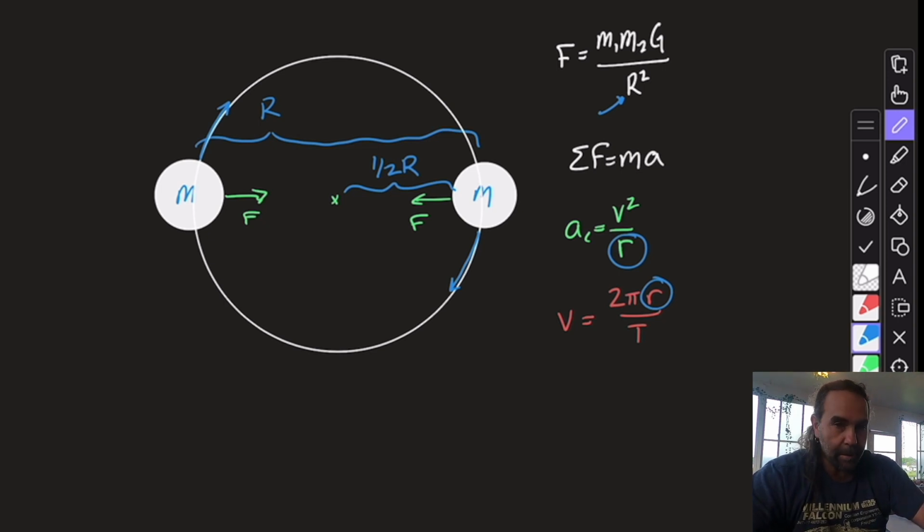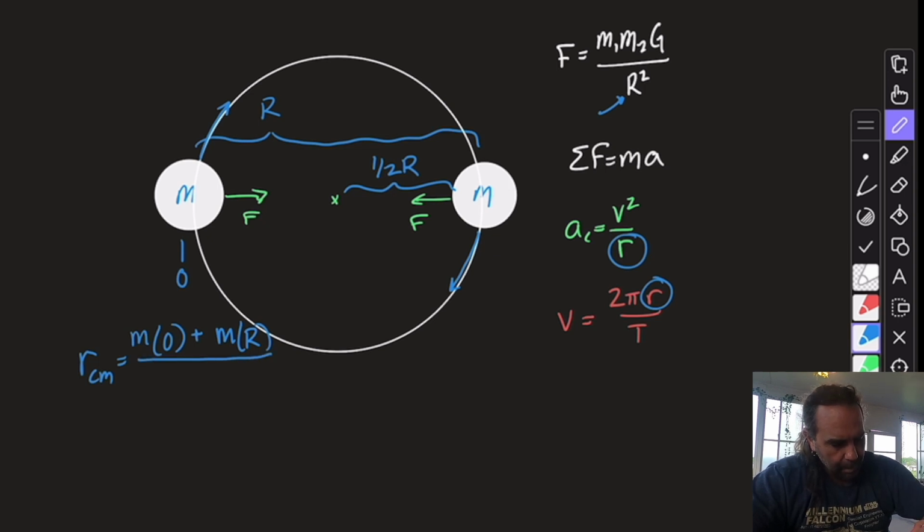Now, I didn't have to do any fancy center of mass calculations, but if you'd like, we could. We could say that this planet is 0, and the distance to the center of mass would be m times 0 plus m times r, all divided by m plus m, or 2m.